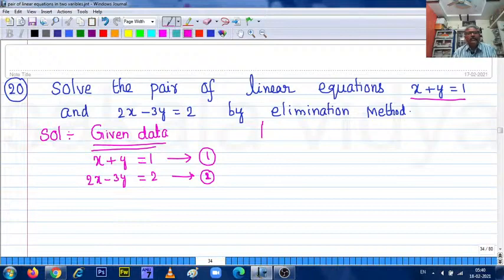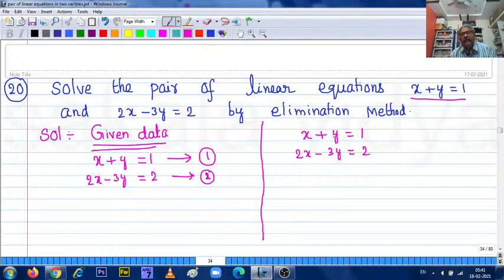Now how to solve: x plus y equals 1 and 2x minus 3y equals 2. If you want to eliminate y, make the y coefficient 3, so 3y minus 3y will be cancelled. How to make the y coefficient 3?